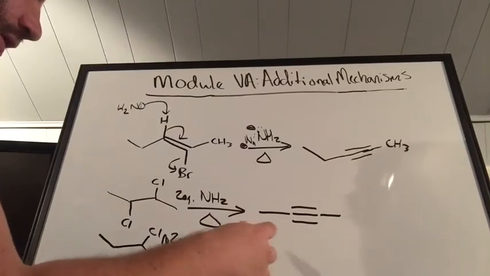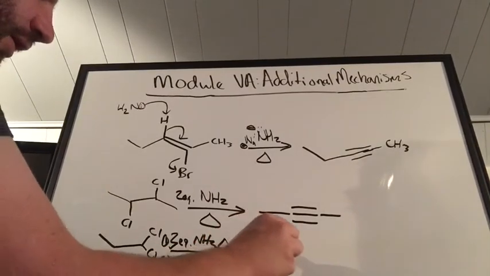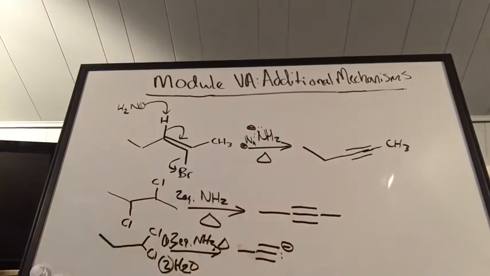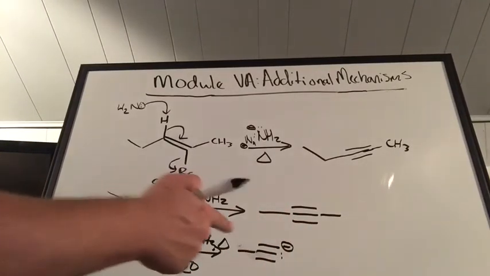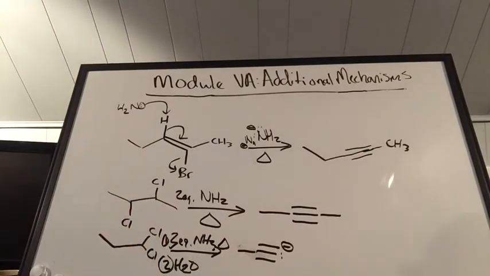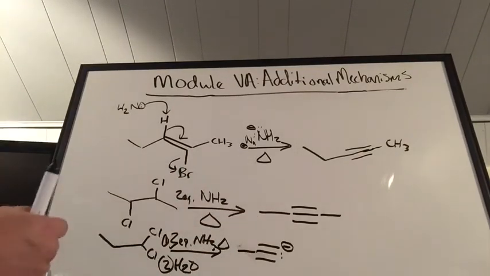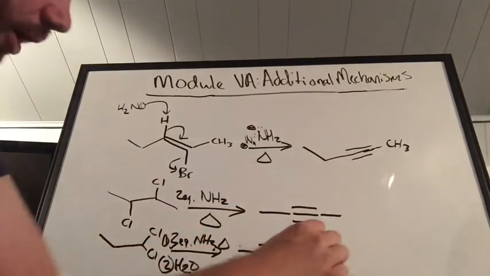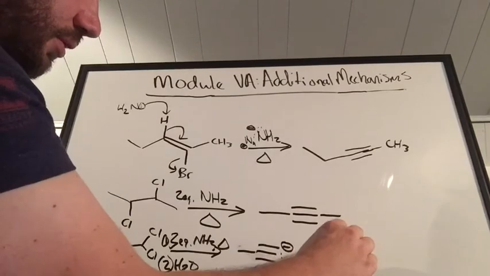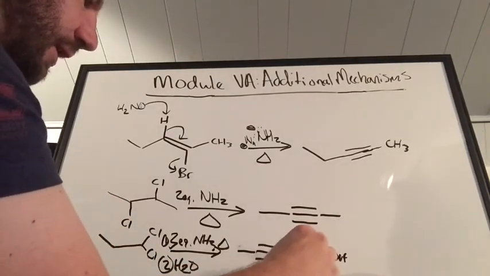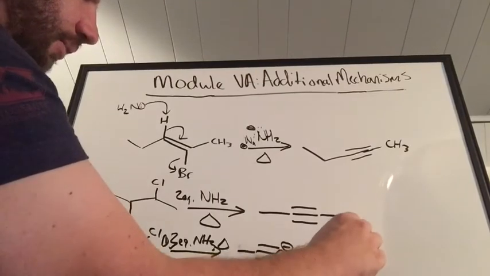What you're going to have is an anion right here, okay? So if you have that one hydrogen that's left here and it's still under basic conditions, it's going to get removed, okay? So you're going to need to introduce some water on that second step to protonate and get your organic product.